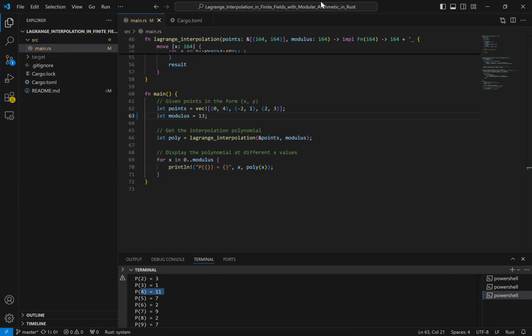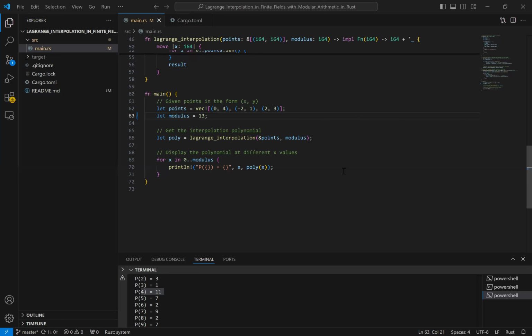Okay, let me share the one that I wanted to share earlier. The name that I gave these polynomials, I gave them almost similar names.